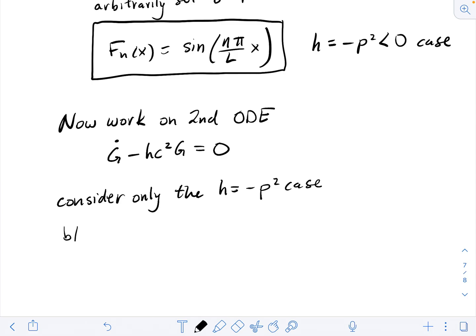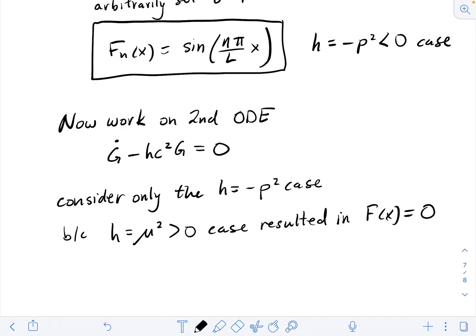And the reason we're going to do that is because when we thought about h positive, the result was that f was 0. And remember, what we're really trying to find is u, and u was f times g. So if f is 0, it doesn't matter what g is. So g of t doesn't matter.